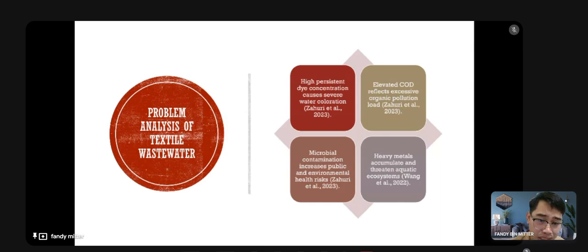First one is high persistent dye concentration causes severe water colorization. Second is elevated COD reflect excessive organic pollution load. Third is microbial contamination will increase the public and environmental health risk. So the last one is heavy metal accumulate and then threaten aquatic ecosystem. So these are the problem that we found. Okay, next.